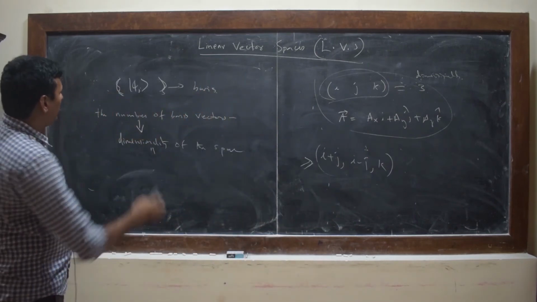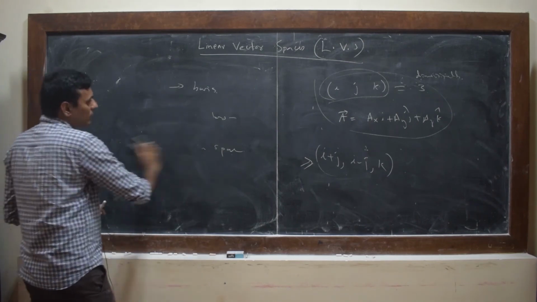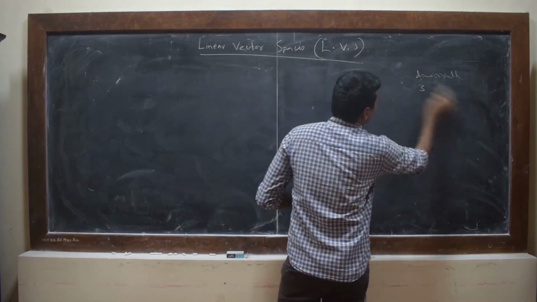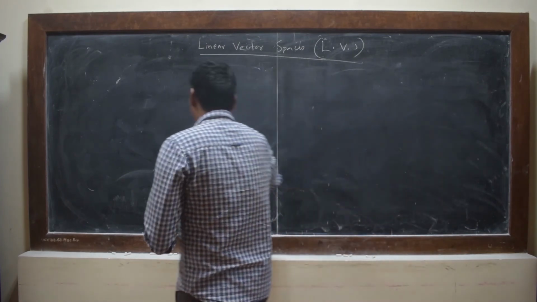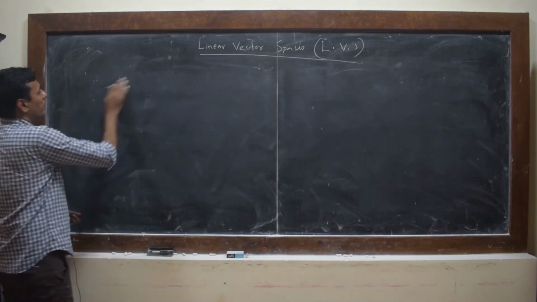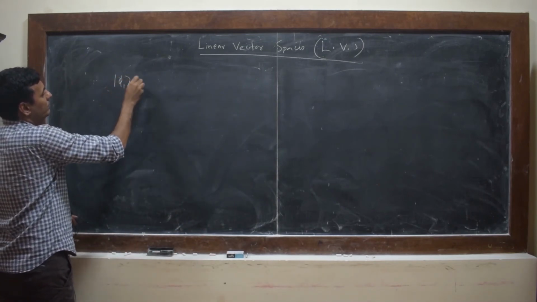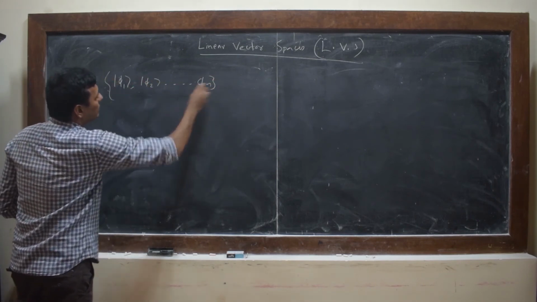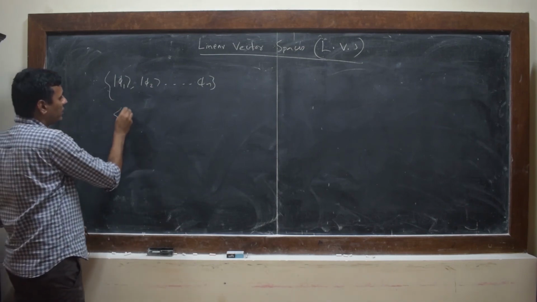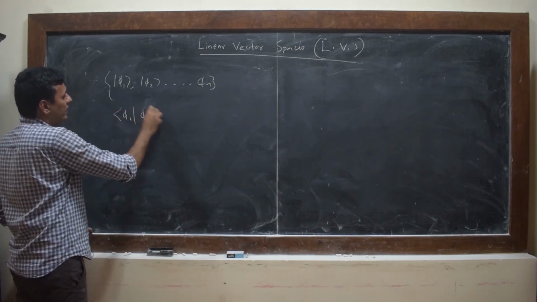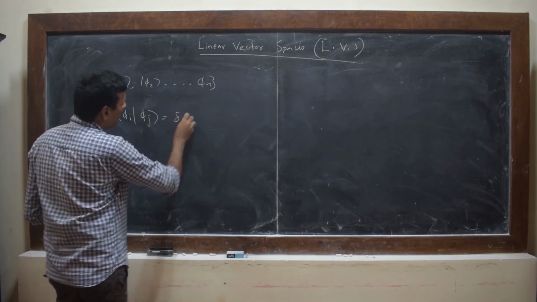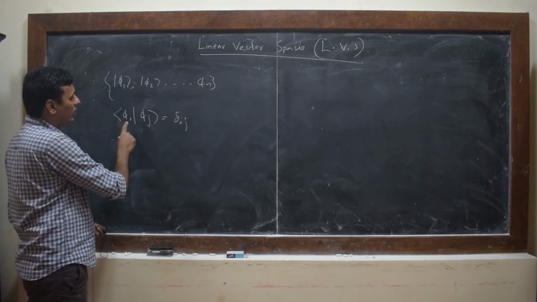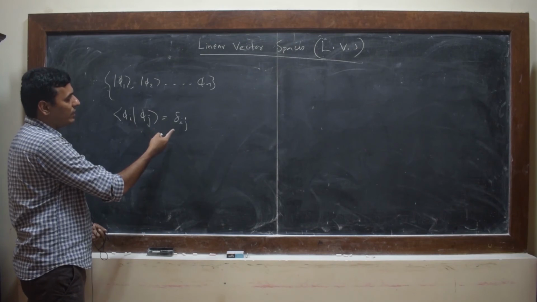All right. Now, I will talk about orthonormal basis. So now we have a basis set phi 1, phi 2, etc. up to phi n. Okay. And if the inner product of phi i and phi j is delta i j, that means if i and j are the same, you will get 1, and if i and j are different, then you will get 0.